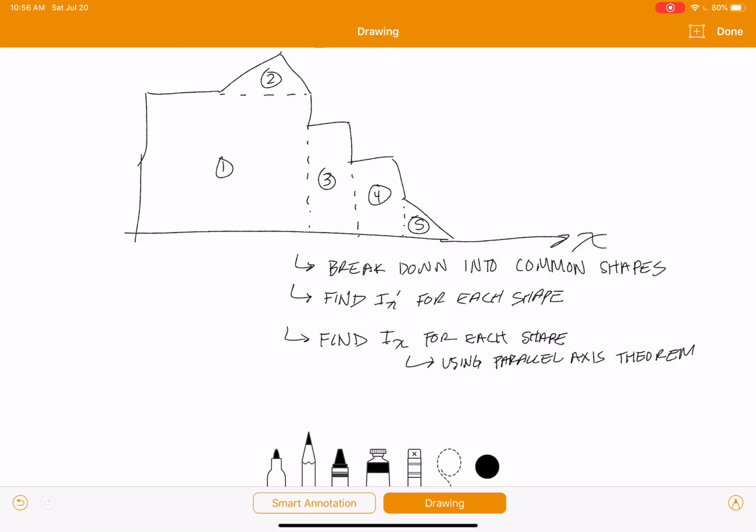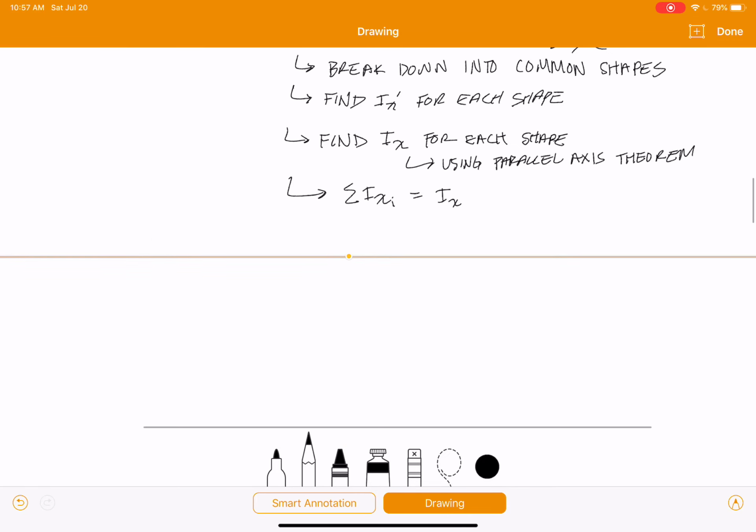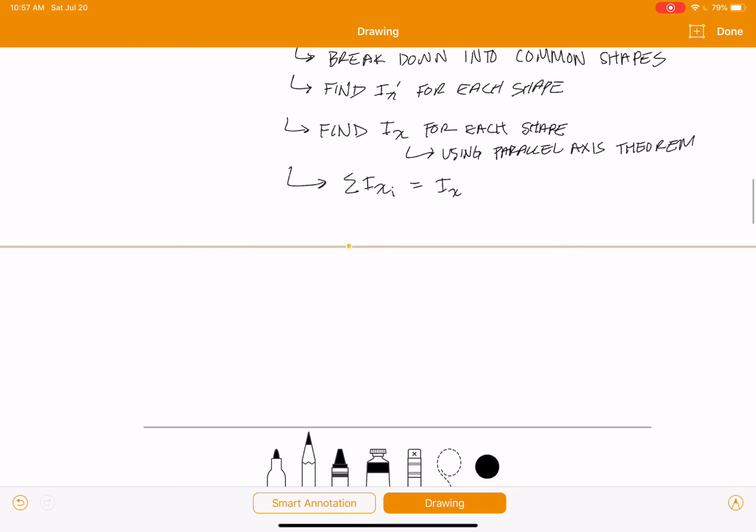And we went through an example of that as well. And then you're just going to take a sum of all your individual Ix for each shape, and that's going to equal your total Ix. And it's as simple as that. That's how you're going to find your moment of inertia.